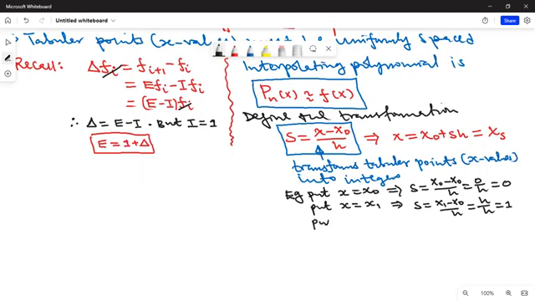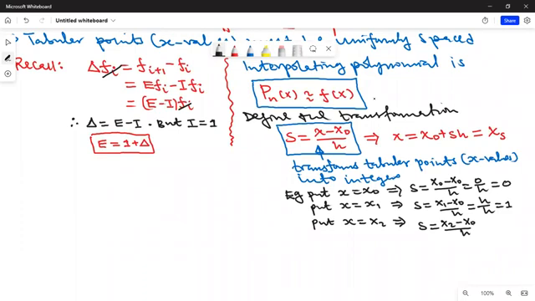What about if I put x equals x2? What will I get as the value of s? I get s equals x2 minus x naught over h.